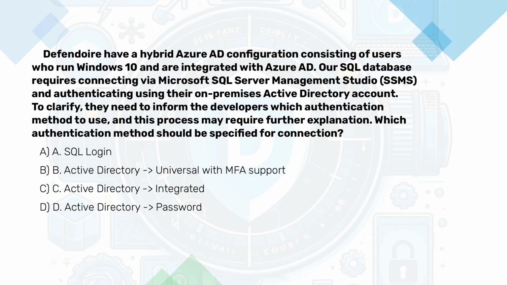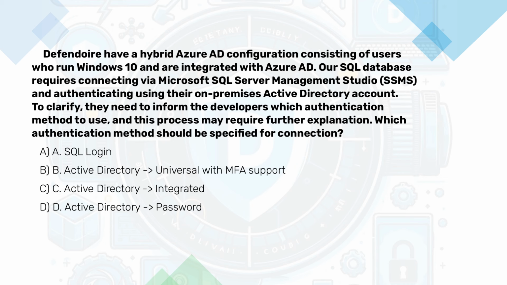We have a hybrid Azure Active Directory configuration consisting of users who run Windows 10 and are integrated with Azure Active Directory. Our SQL database requires connecting via Microsoft SQL Server Management Studio and authenticating using our on-premises Active Directory account.